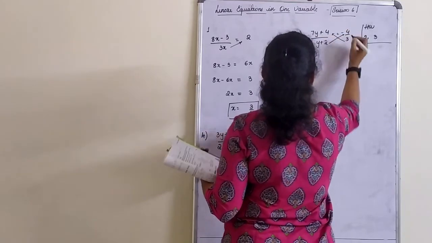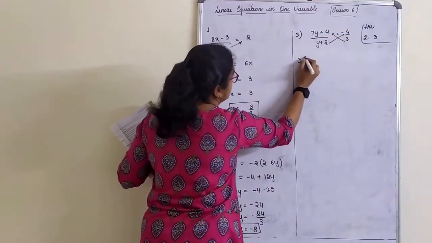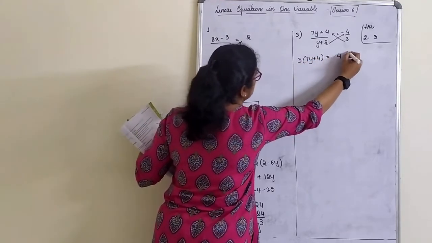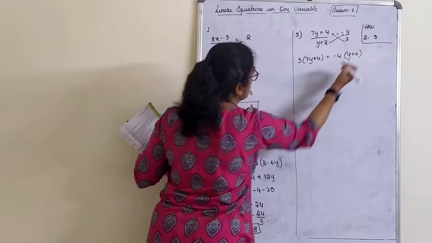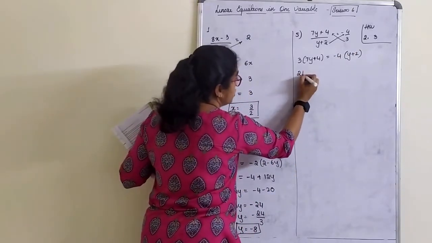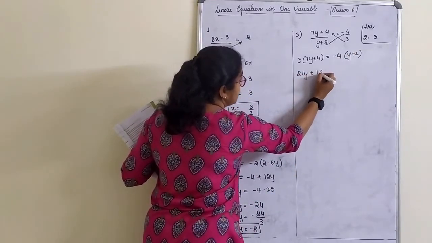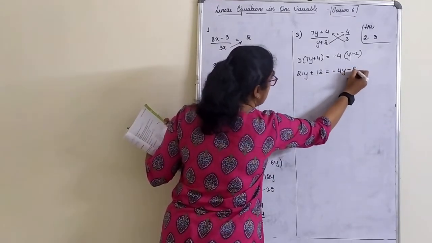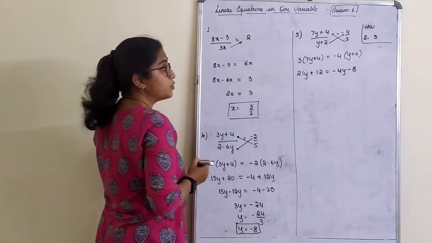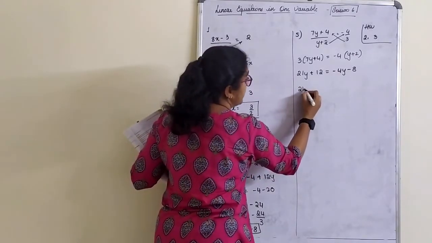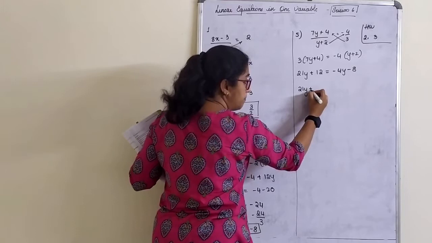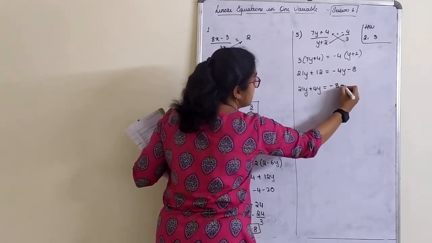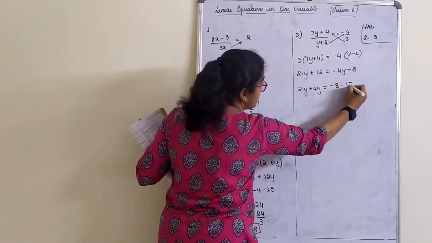Again, cross multiply with the same thing. 3 of (7y plus 4) is equal to minus 4 of (y plus 2). 7 3s are 21y plus 3 4s are 12 is equal to minus 4y minus 8. 4 into y is 4y, 4 2s is minus 8. 21y minus 4y plus 4y is equal to minus 8 minus 12.